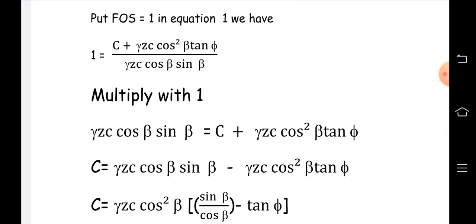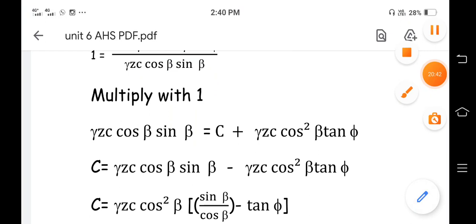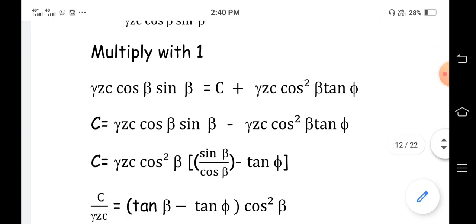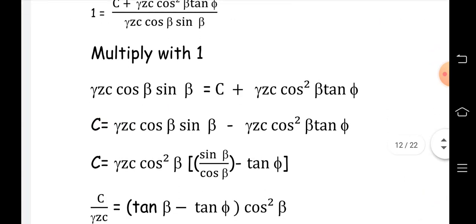If you take the C to this side, C equals gamma Zc cos of beta sin of beta minus gamma Zc cos square beta tan of phi. That is, C equals gamma Zc cos square beta, we take cos square beta common, into sin of beta by cos of beta minus tan of phi, by solving.